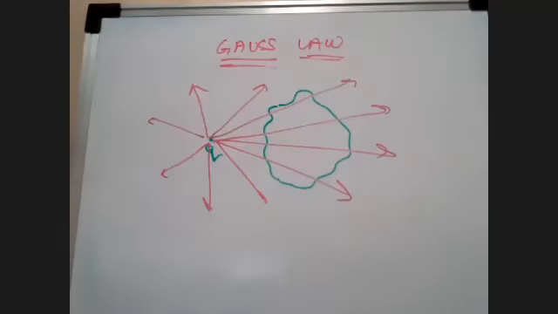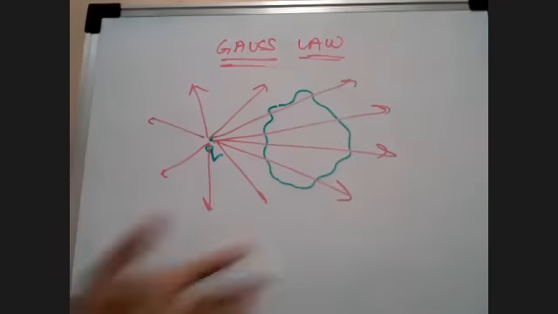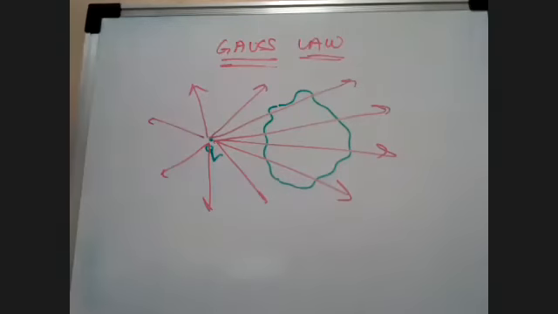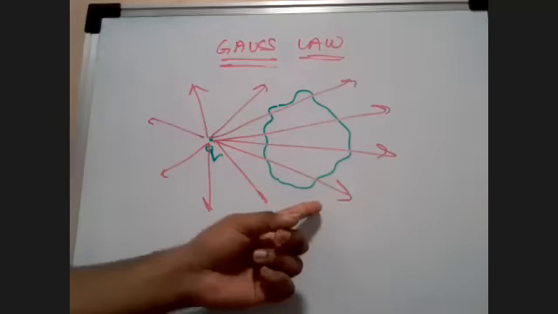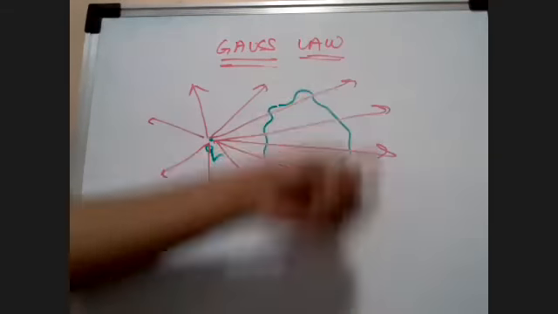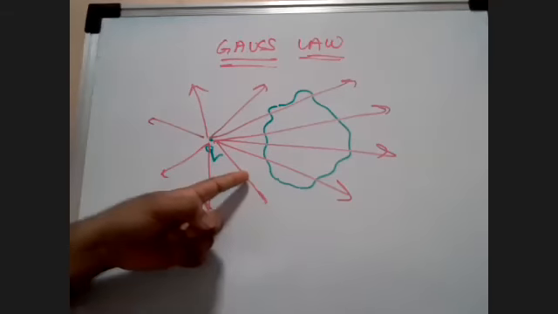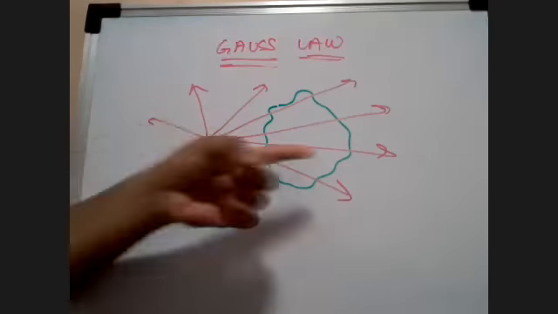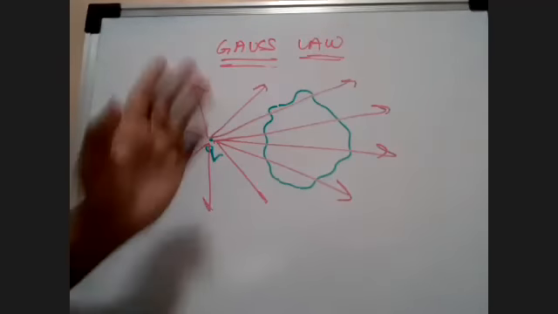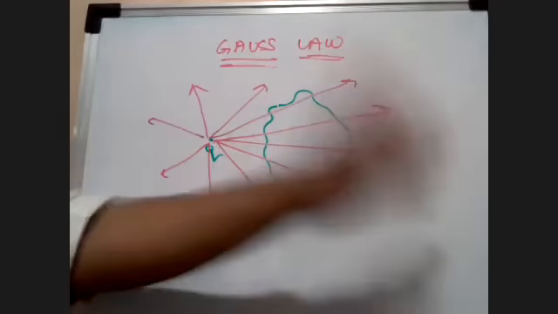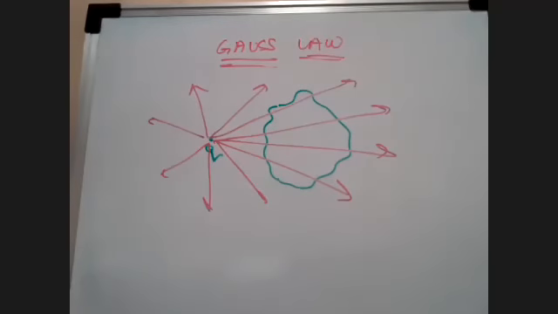Now if I tell you to find out the electric flux through this entire surface, what is it going to become? It is going to be zero. For those who don't know, listen to me. The field lines passing out of this surface will be equal to the field lines entering the surface.